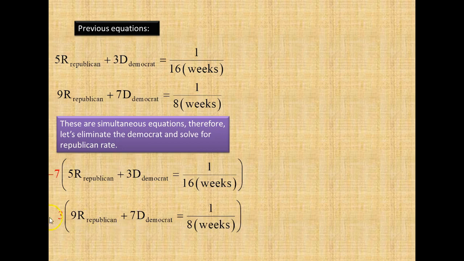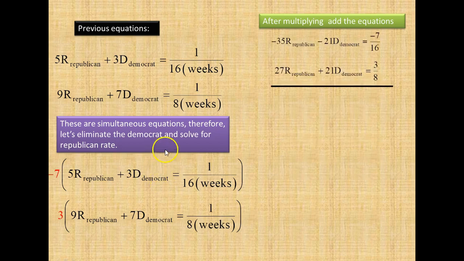When we multiply it through, the Democrats on the bottom will be 3 times 7 is 21D, and on the top it will be -7 times 3 is -21D, and when we add those together, they'll cancel out. So after multiplying and adding the equations, we get -7 times 5 is -35R, -7 times 3 is -21D, and -7 times 1 is -7 over 16.